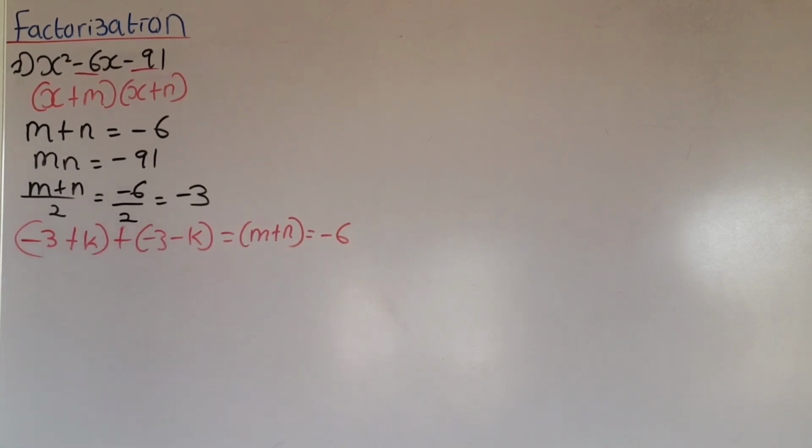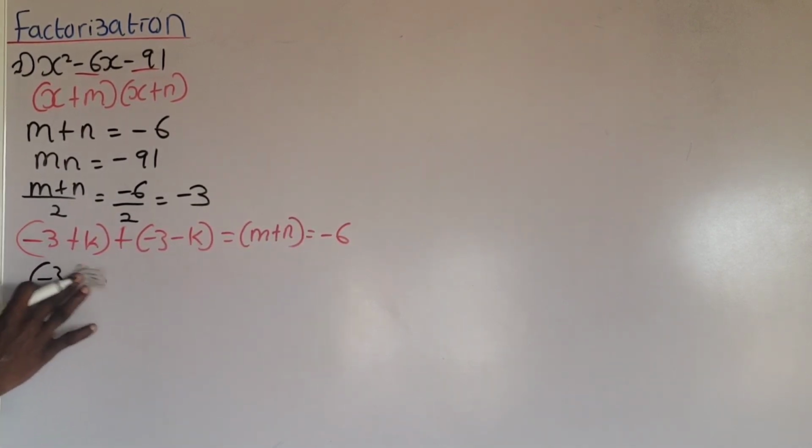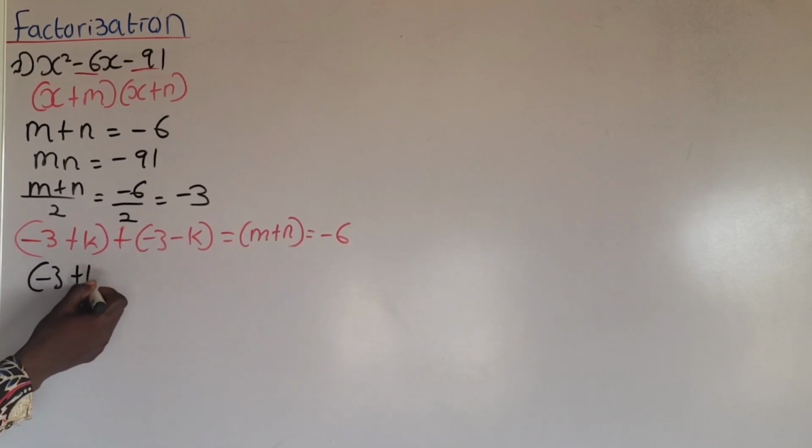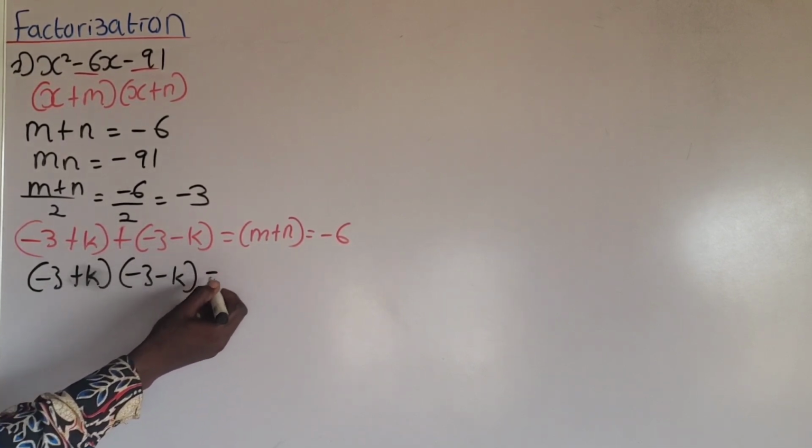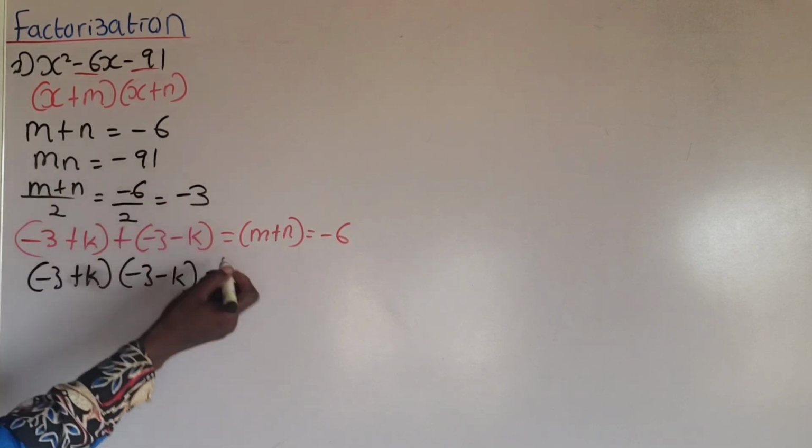Since we know that their sum must be equal to negative 6, that means their product, negative 3 plus k times negative 3 minus k, must be equal to negative 91.